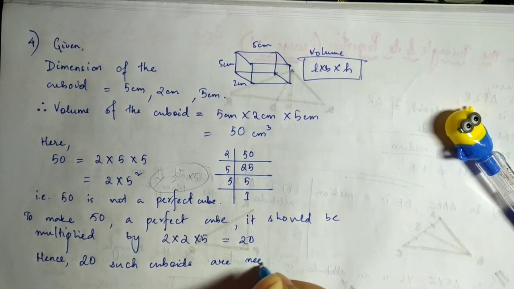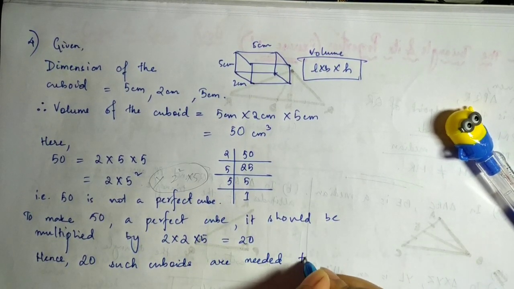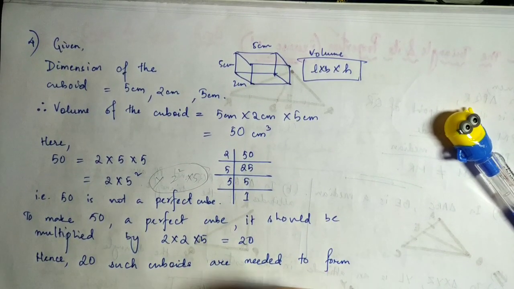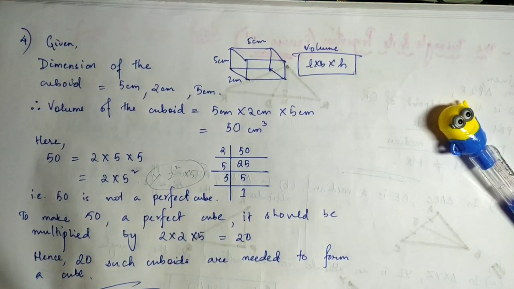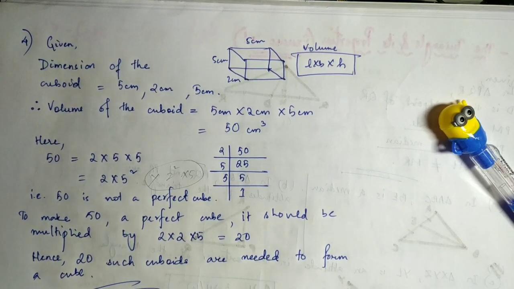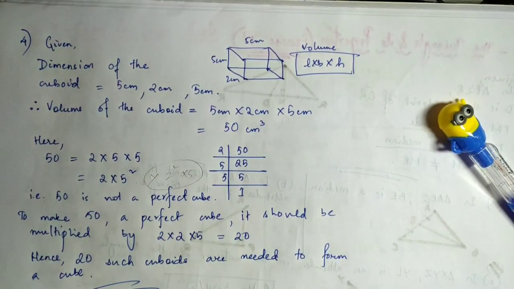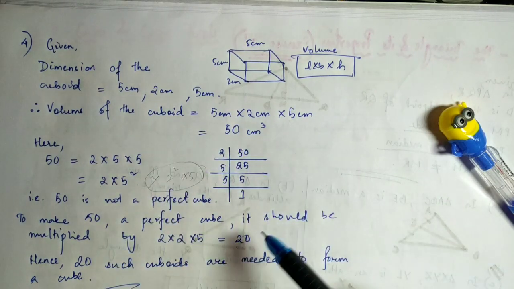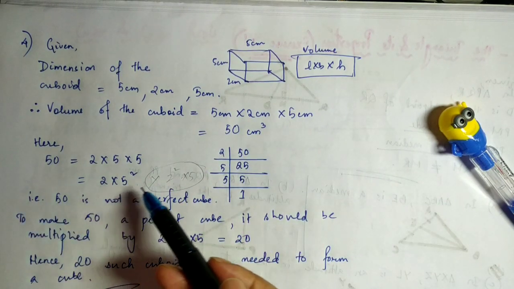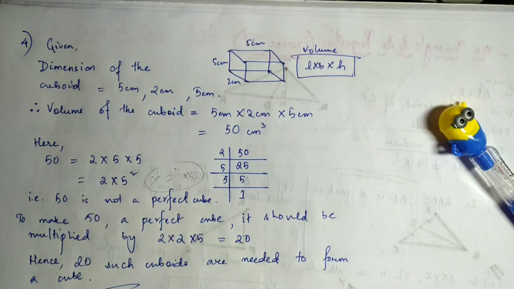Such cuboids are needed to form a cube. So this way you have to find. In the exam you may get the same question, though the dimensions might be different. So you find the volume, factorize the number, and see what numbers are to be multiplied with it so as to get a perfect cube number.